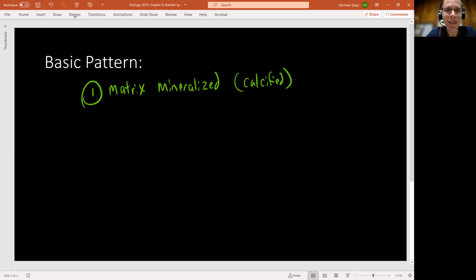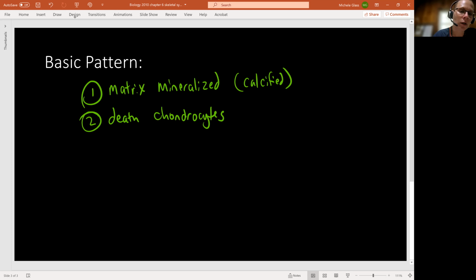We're talking about calcium phosphate, calcium carbonate, those hydroxyapatite crystals. And that's what's being added by those osteoblasts. We're going to get death to chondrocytes next. When we talk very first about the matrix being mineralized, that's not the job of osteoblasts. They're not there yet. When we start to get that matrix mineralized, that's contributing to the death of those chondrocytes that were the starting cells.